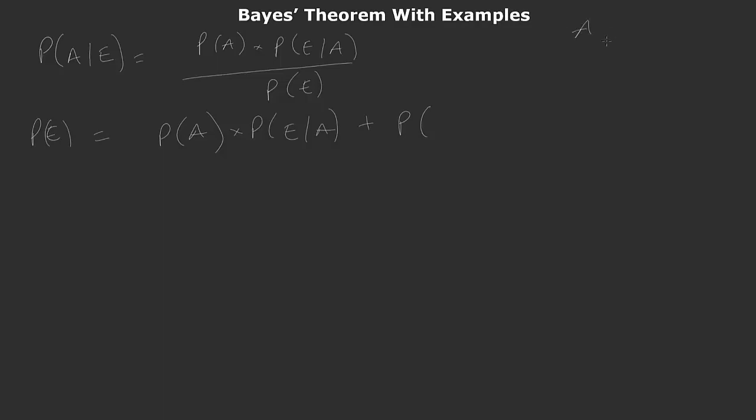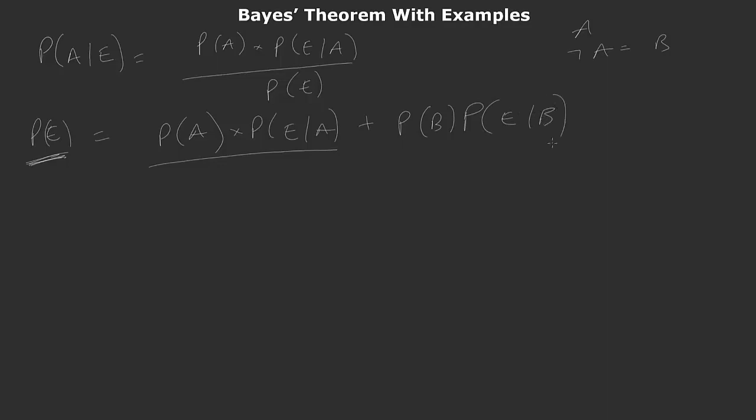Event A could happen and the negation of event A is event B, right? In that case, we could say that this marginal probability of E is equal to this part plus the probability of B times the probability of E given B as occurred.